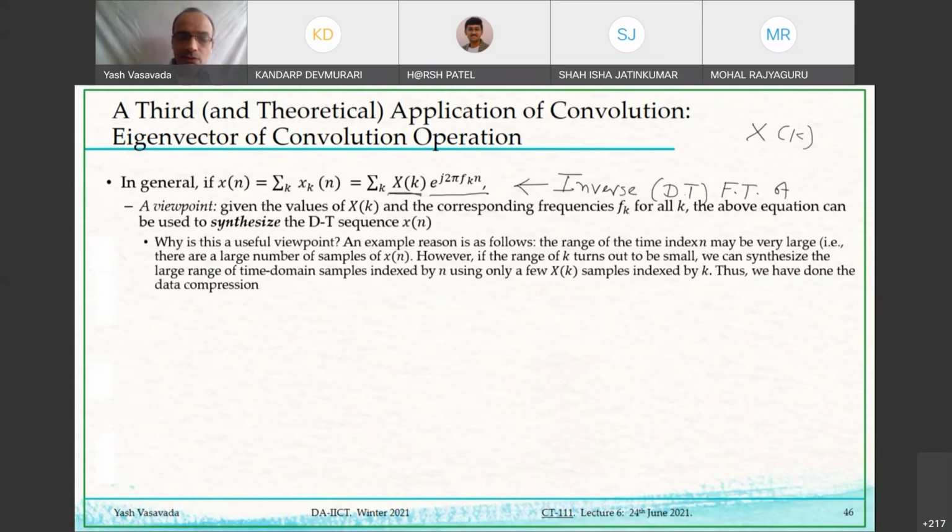So now if I pass this through the convolution operation, what do you think I'll get? Summation of products at different frequencies. F1 to Fn.